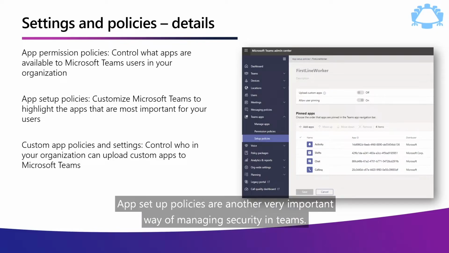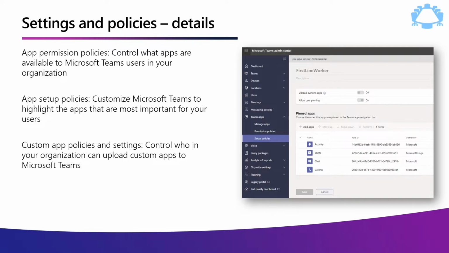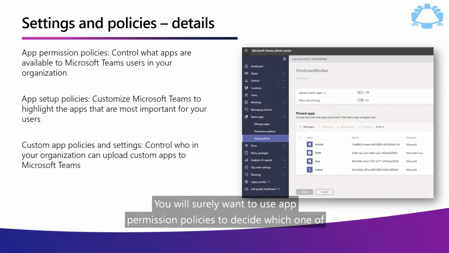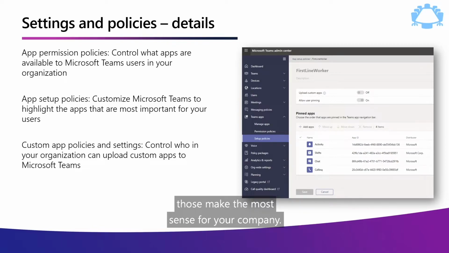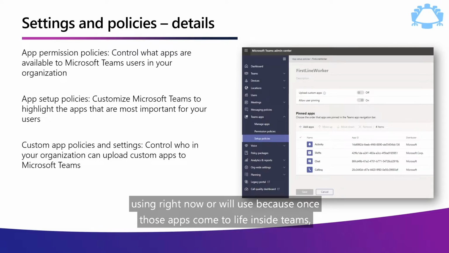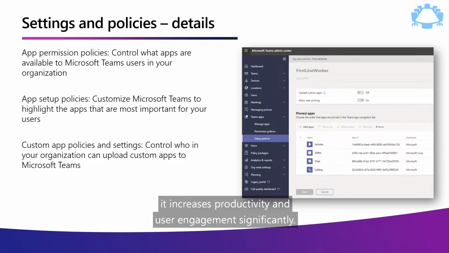App setup policies are another very important way of managing security in Teams. As you know, Teams comes with several hundred applications built into the App Store. You will surely want to use app permission policies to decide which one of those make the most sense for your company. We would encourage you to enable any application that you think your users are using right now or will use, because once those apps come to life inside Teams, it increases productivity and user engagement significantly.